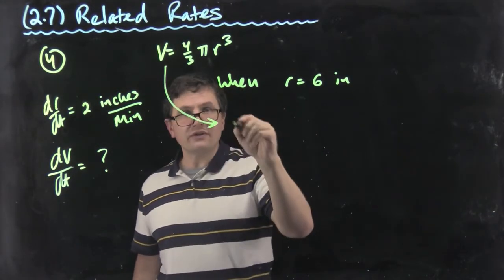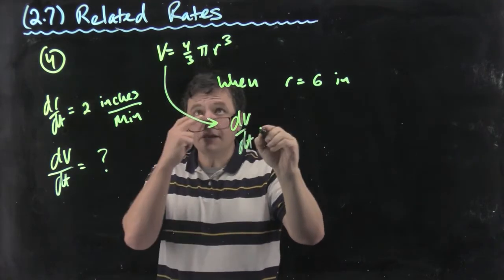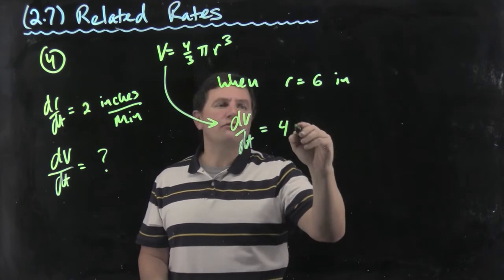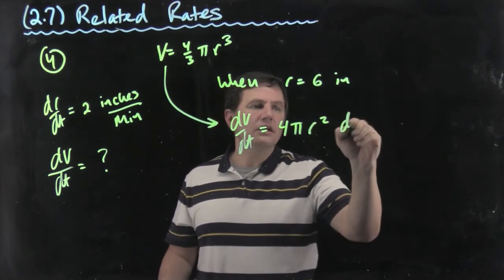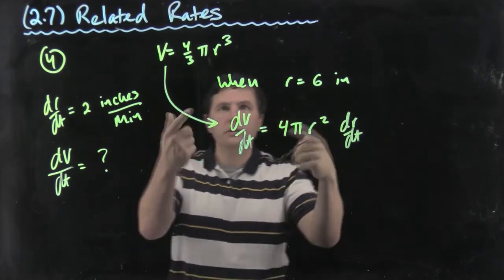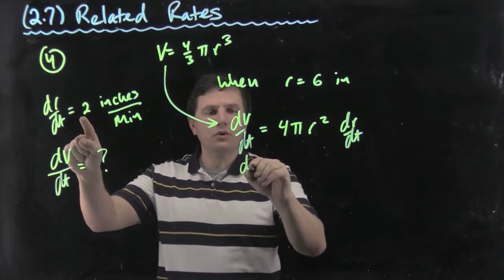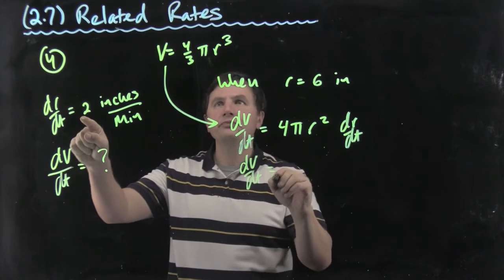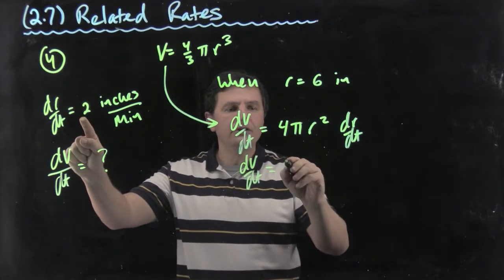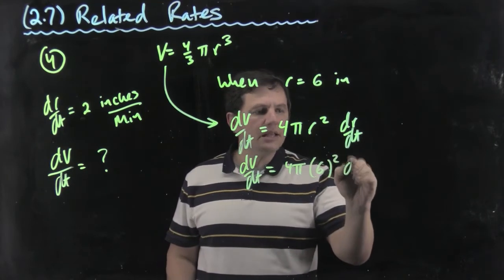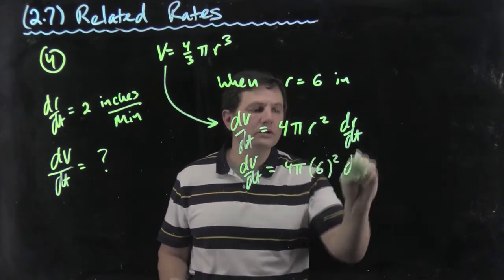So the derivative of this, dV over dt, 3 comes down, cancels with the 3, 4 pi r squared, dr over dt. This is going to be the equation I use for both. So now let's plug in our information. We want to know dV over dt, okay? That is 4 pi 6 squared, and then dr over dt is 2.